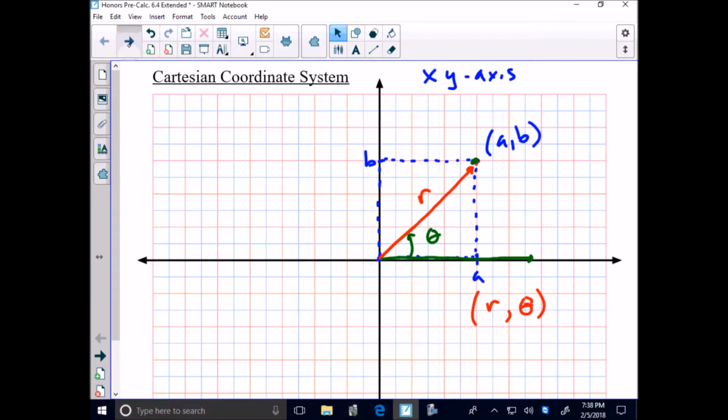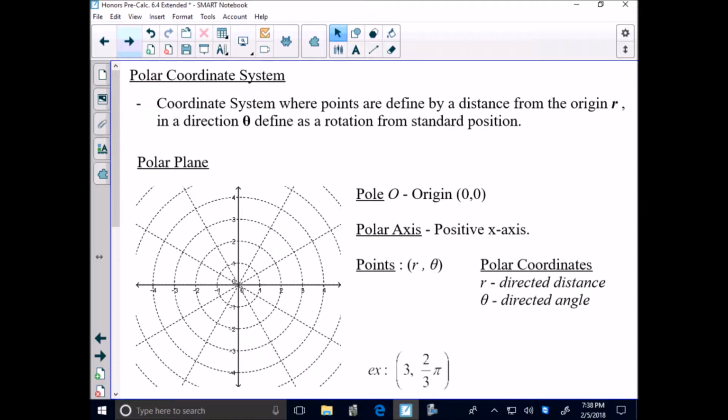So right here, we say that the pole we define as the origin, and that is basically the ordered pair 0, 0 on the xy axis. We say that the polar axis is the positive x-axis, and we define that as the polar axis because, of course, that's where all our rotations are going to start from when we rotate from standard position.